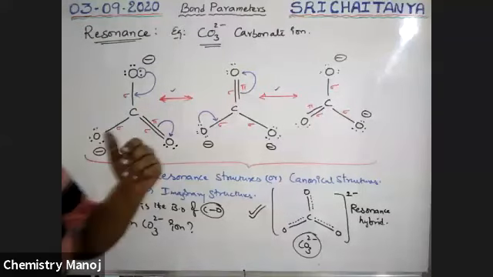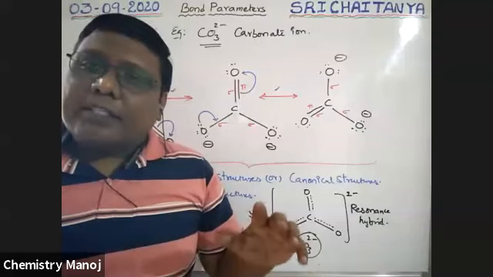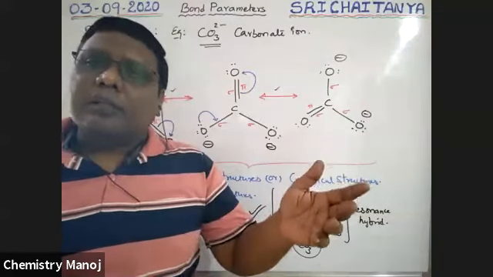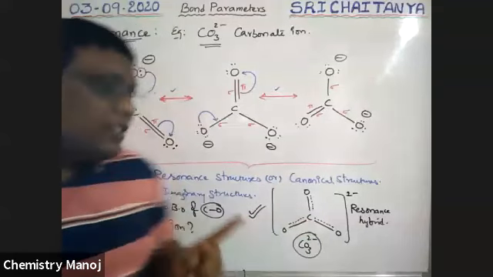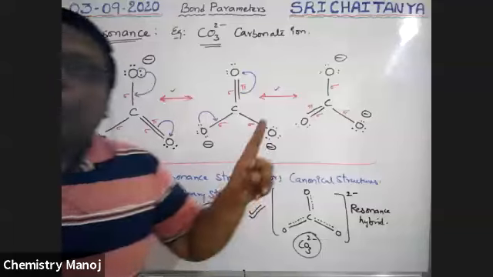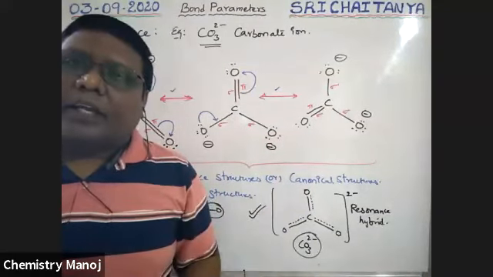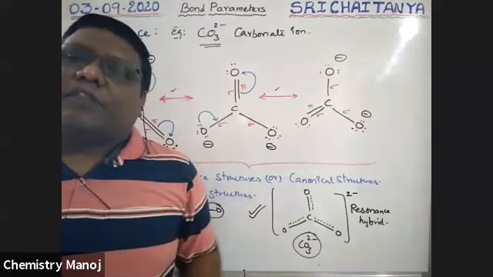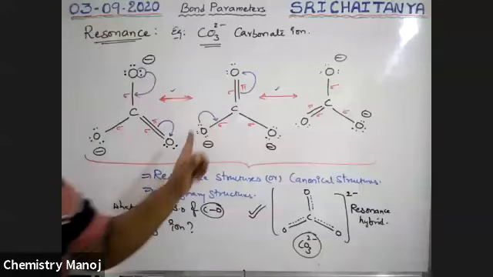But the bond order is not 1 or 2. It is more than 1, less than 2. One bond is shared by 3 oxygen atoms, so for each oxygen, 1 by 3 is available. 1 plus 1 by 3, that is 1.33, is the final answer, because one bond is shared by 3 atoms.